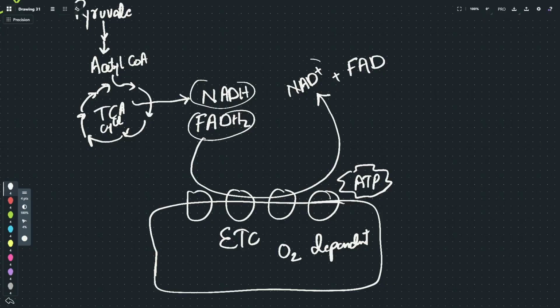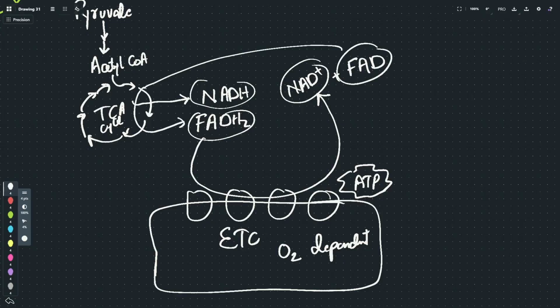I mean, this check can again be rewritten. This is very unique here. This check, this NAD and FAD, can go back to the TCA cycle, and as the TCA cycle is running, it can again form these filled checks, this NADH and FADH2.